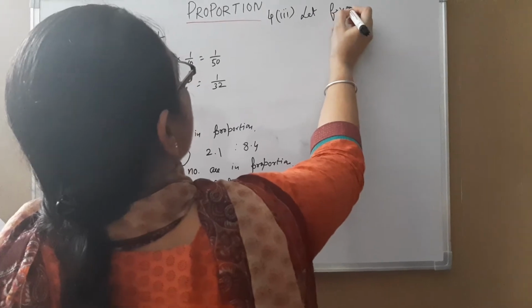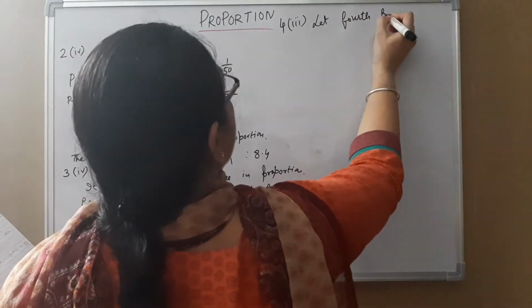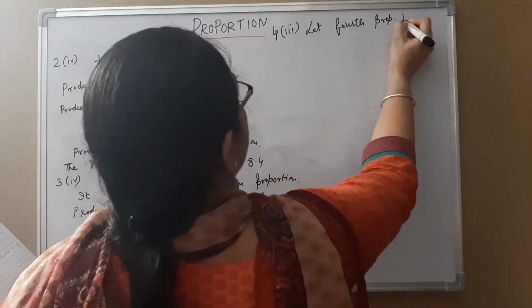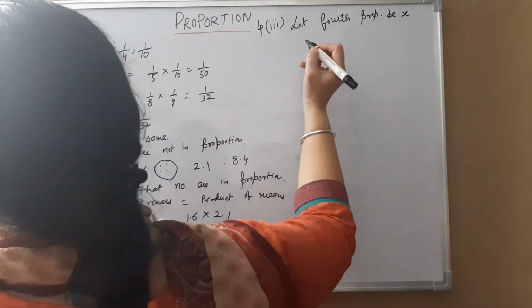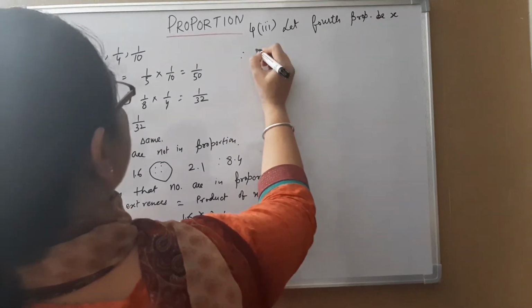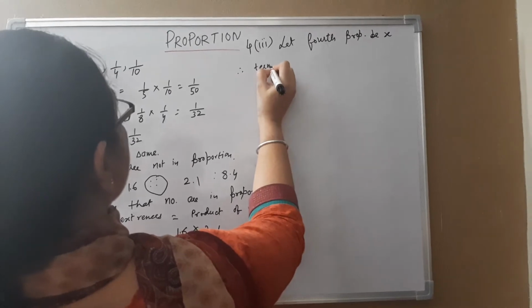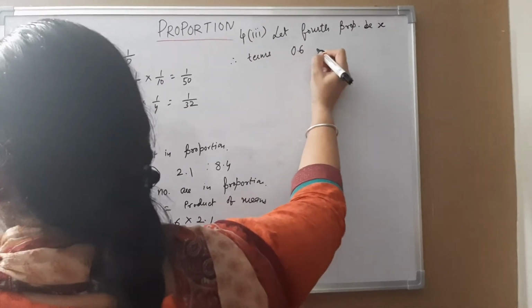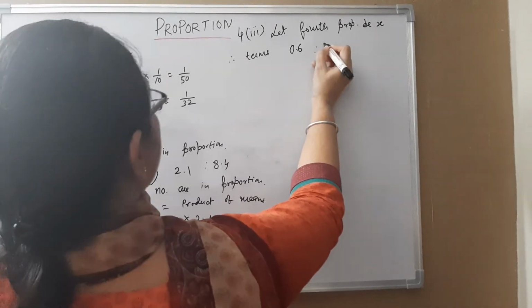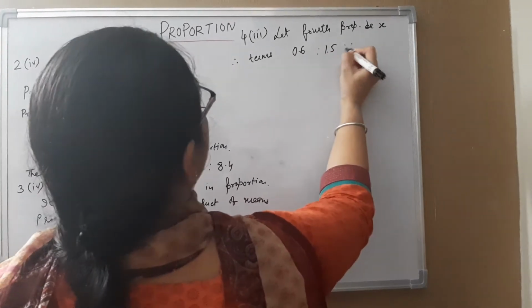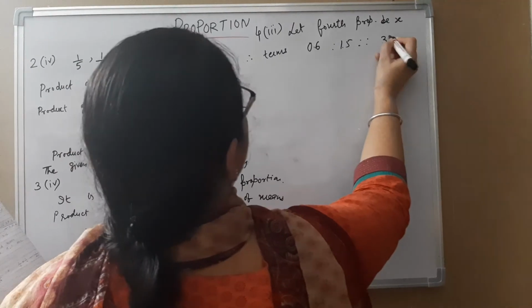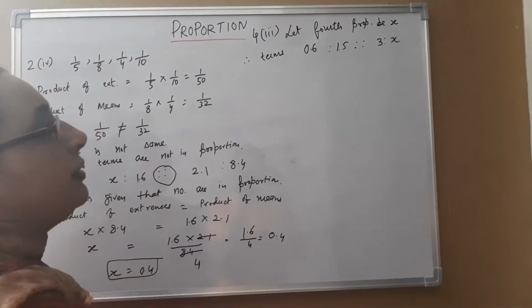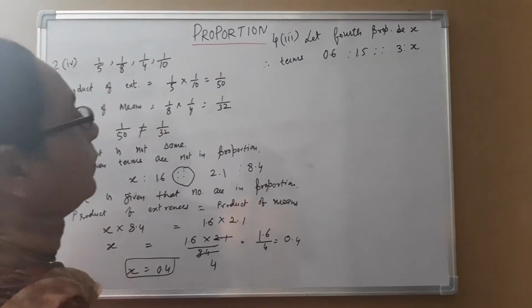Let the fourth proportional be x. So the terms 0.6 ratio 1.5 is proportional to 3 ratio x.